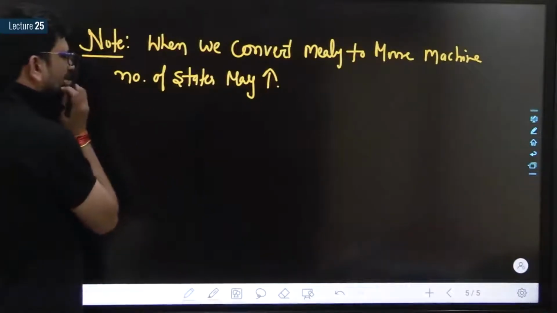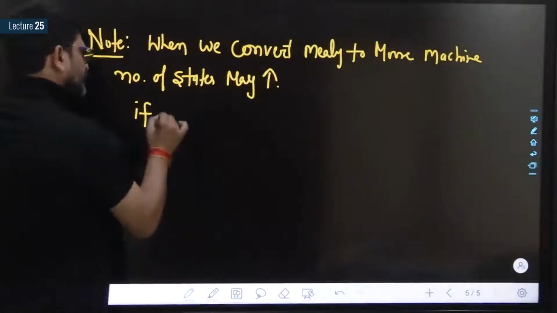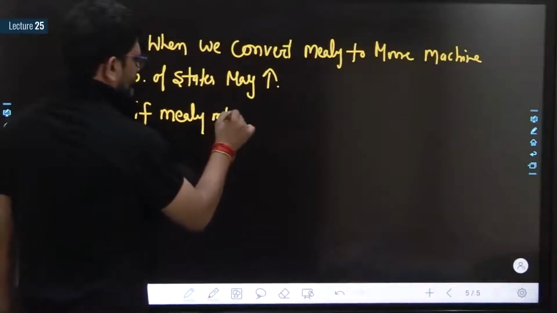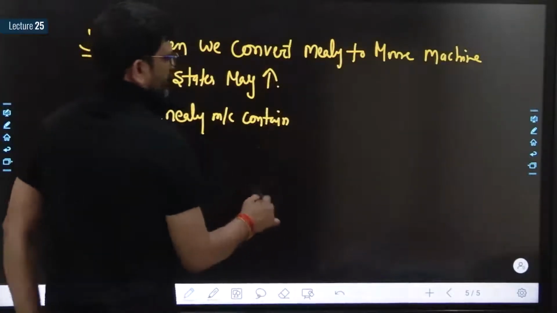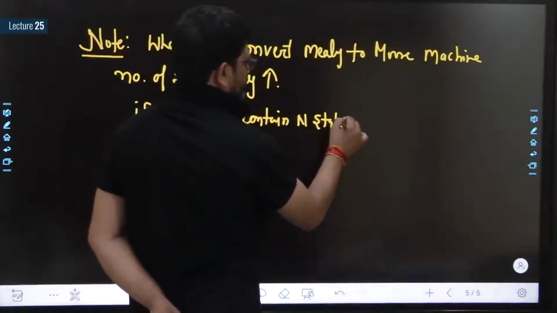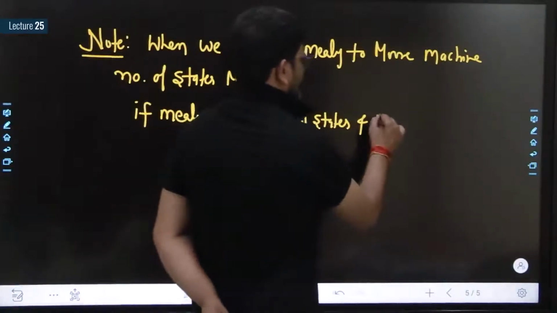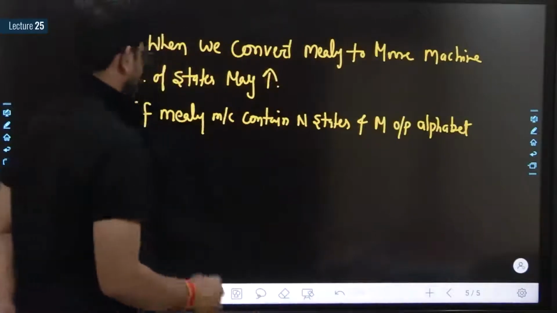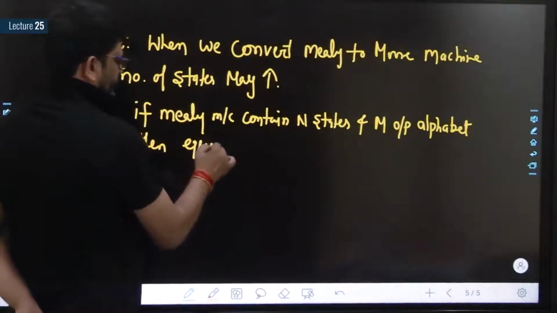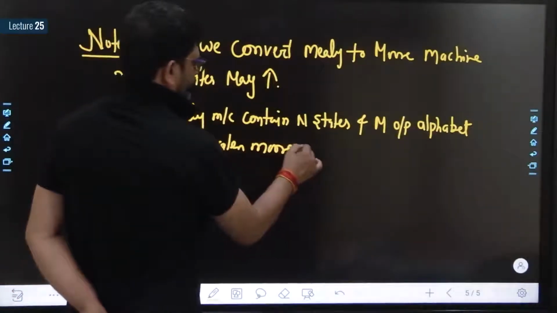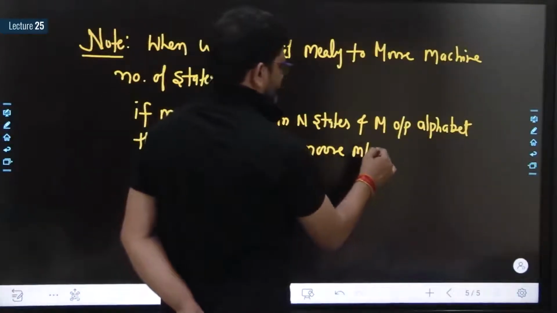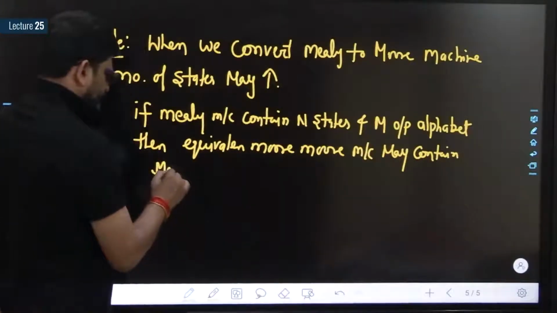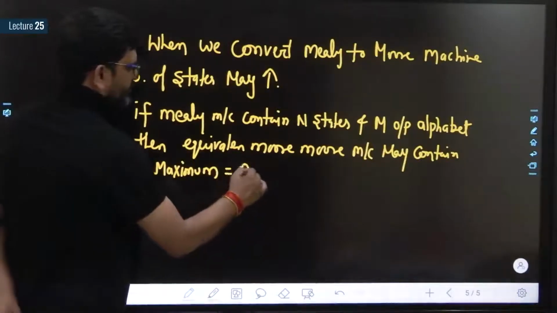If a Mealy machine contains n states and m output alphabet, then the equivalent Moore machine may contain a maximum of m into n states.